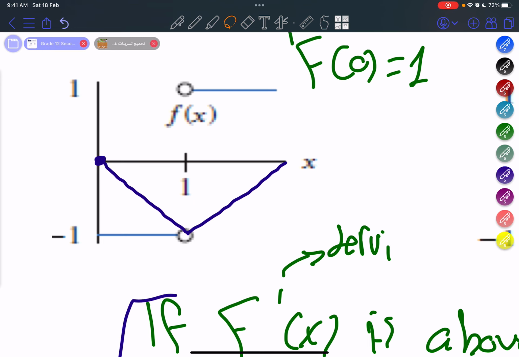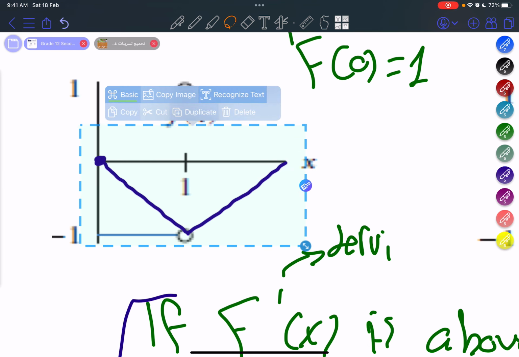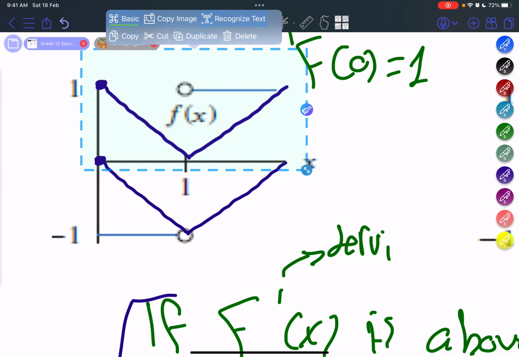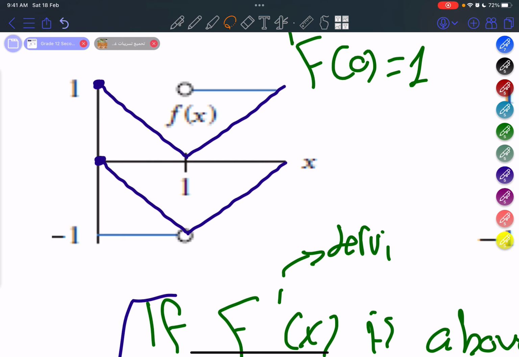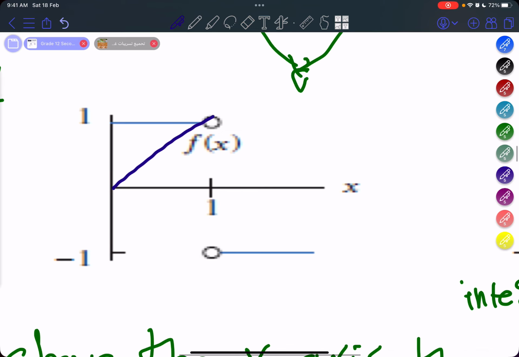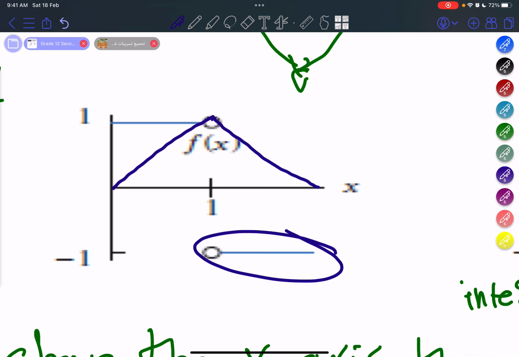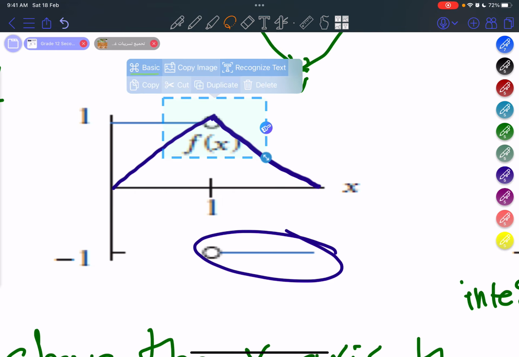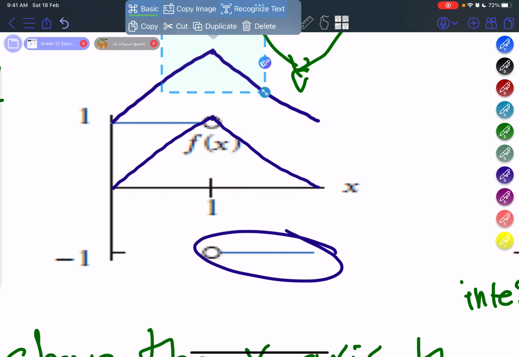Again, we will mirror the exact graph, just that it should start from 1. Here it will be the opposite. So the f of x is increasing, hence it's above the x-axis, so it will increase until suddenly it jumps. Now it's decreasing because it's under the x-axis. And again, we repeat the same exact graph at 1.